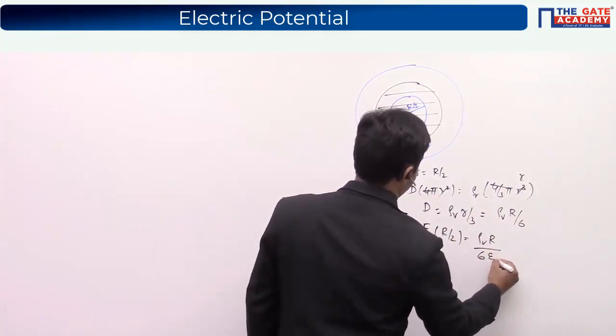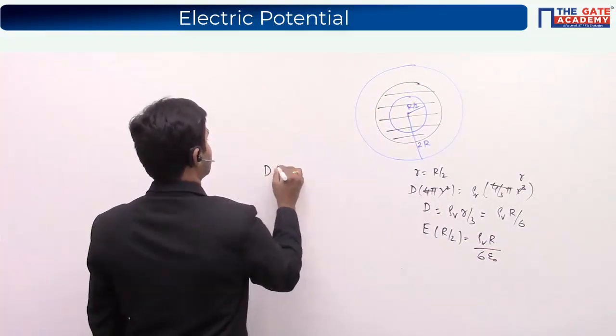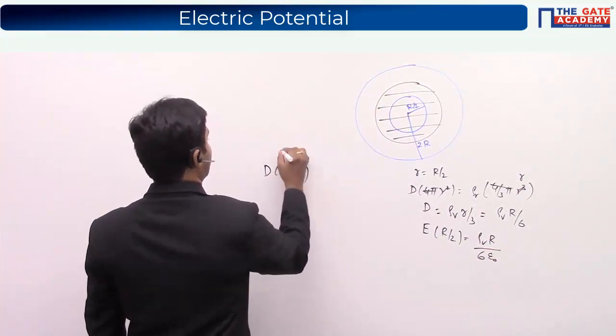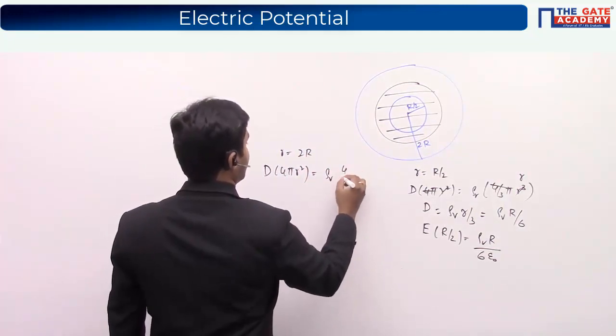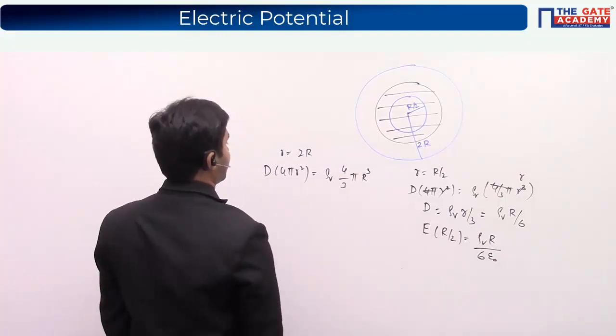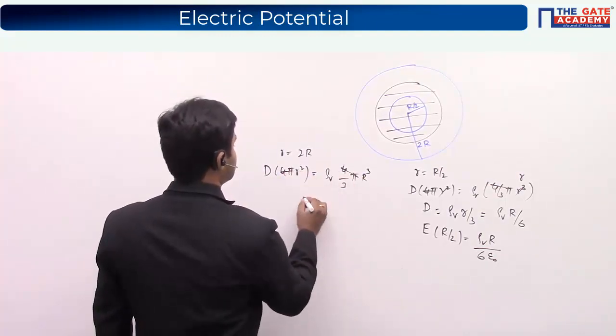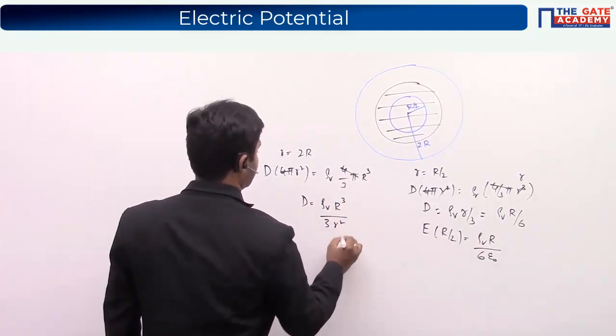When I talk about 2r, it is D times 4 pi r square, where r is equal to 2r, but here it is rho v multiplied by 4 by 3 pi capital R cube. So 4 pi gets cancelled out, and D is going to be equal to rho v capital R cube divided by 3r square.